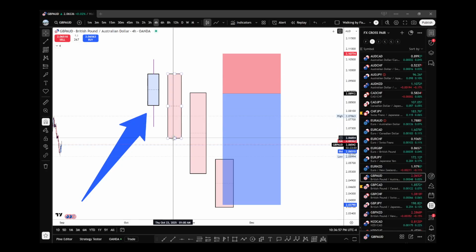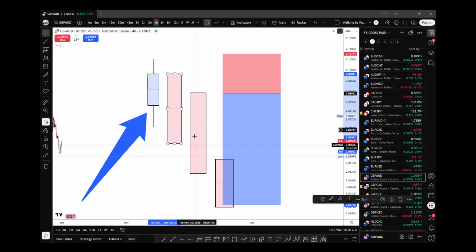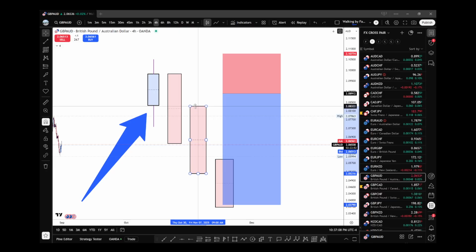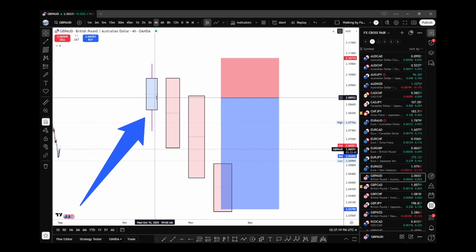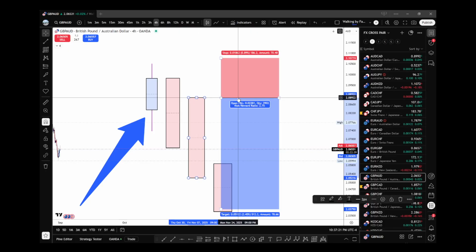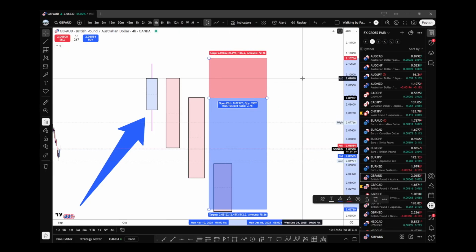They just dominated the buyers, right? And then the next candle could be an opportunity, like I said, with other tools and other confirmation, for us to come back in anywhere from the 25 to the 50% of the blue candle to look for potential sells, right?